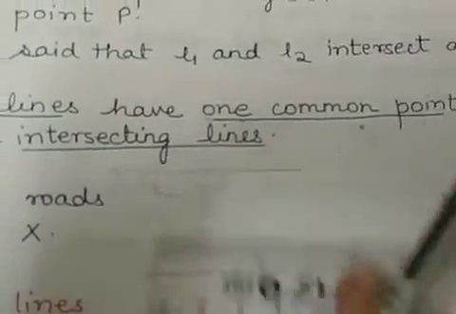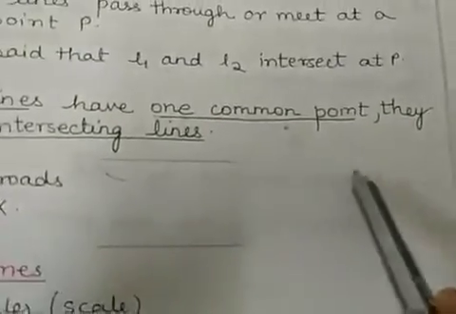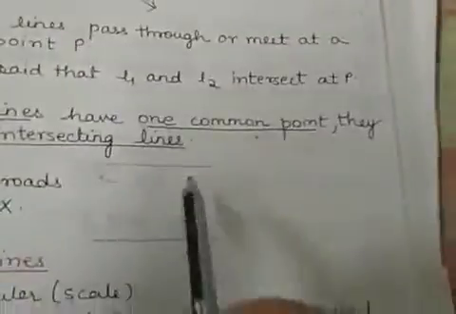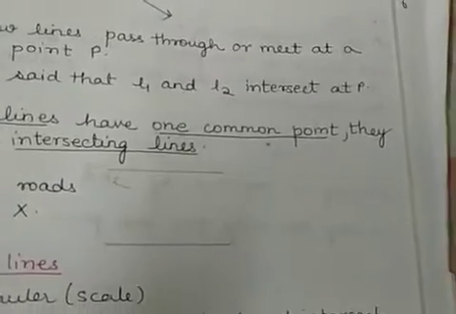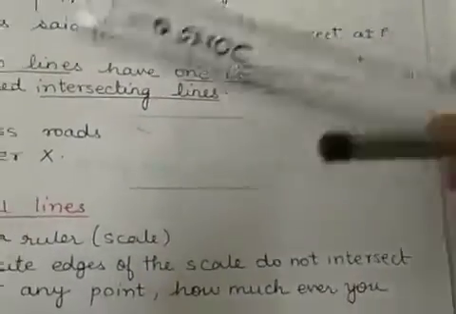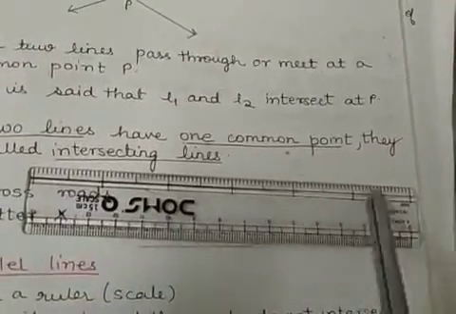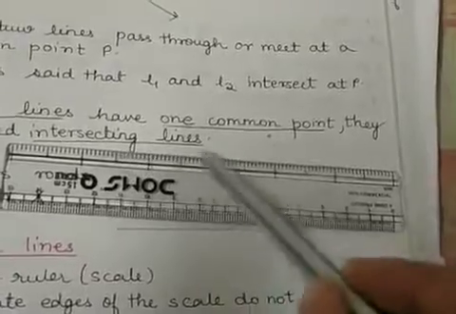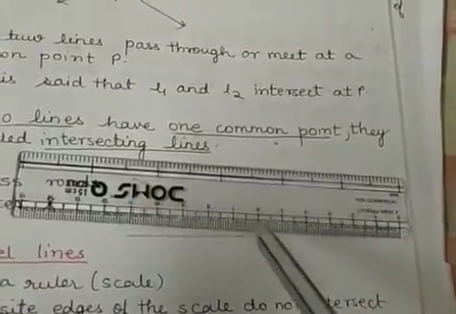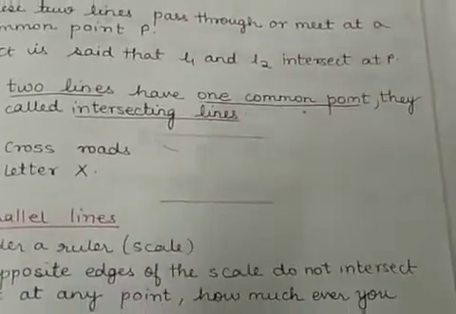These two lines, however much you extend them, will not meet at any point, or cross each other at any point. Such lines are called parallel lines. What are parallel lines? If you have lines which, however much you extend them, indefinitely, will not cross each other at any point, such lines are called parallel lines.